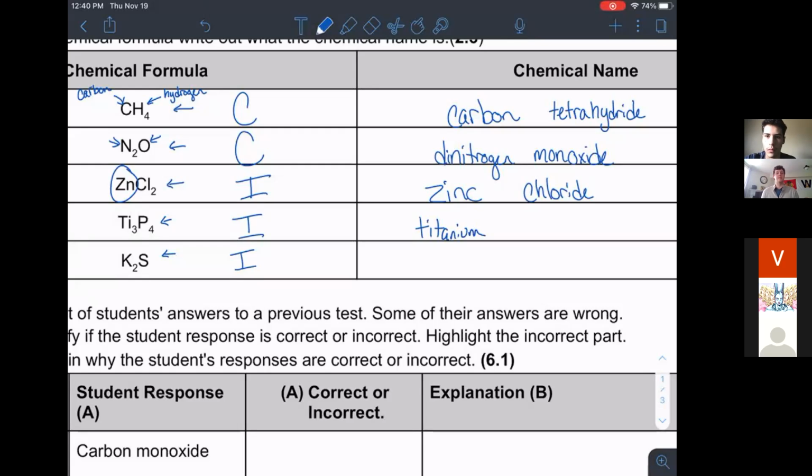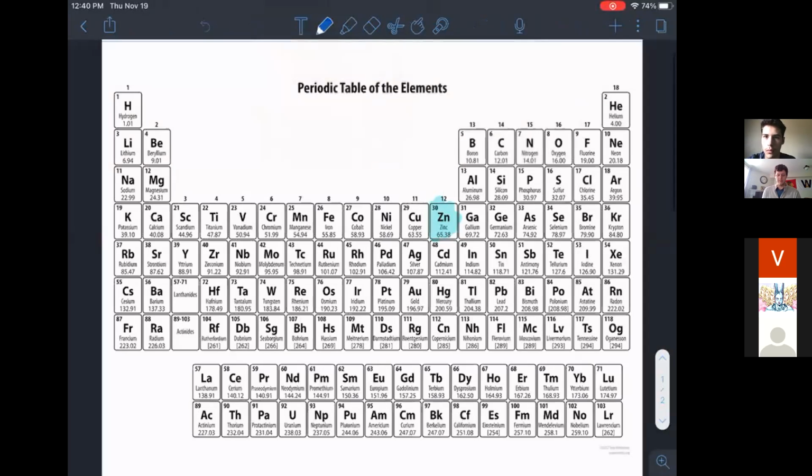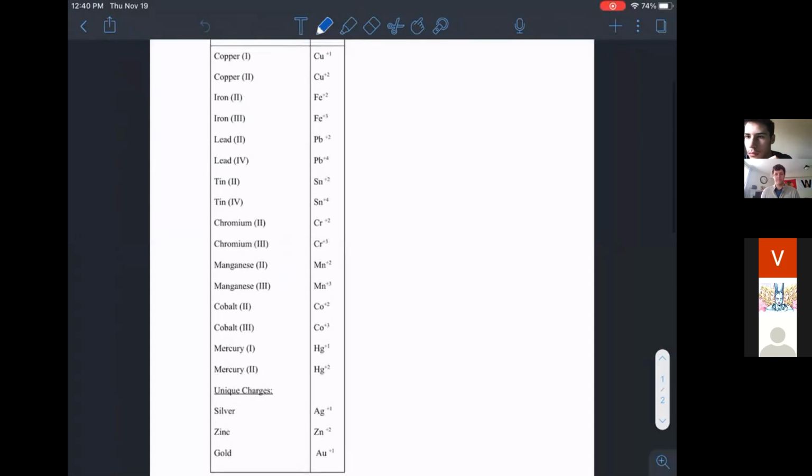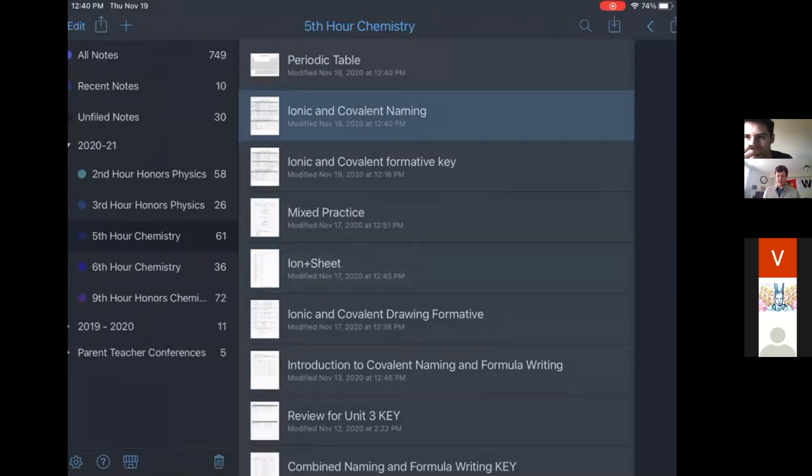Is it a transition metal? Yes, it is a transition metal, so let's check our ion sheet. Is it on our ion sheet? No, it's not on our ion sheet, so we don't have to worry about it here.